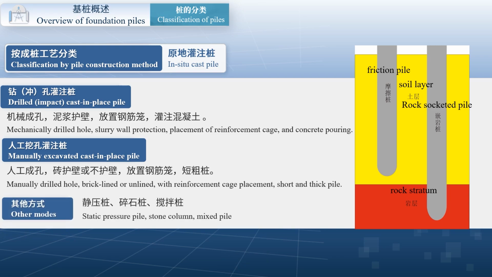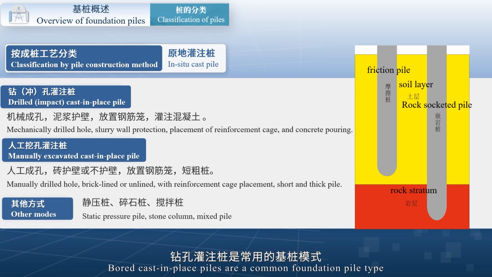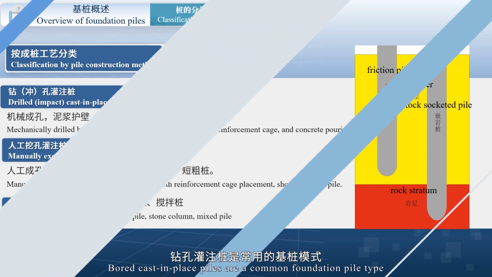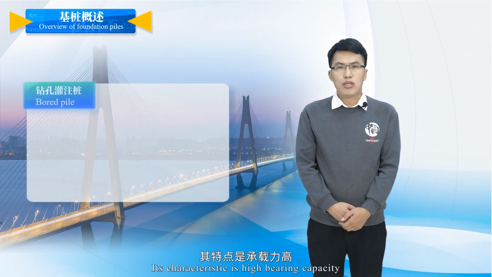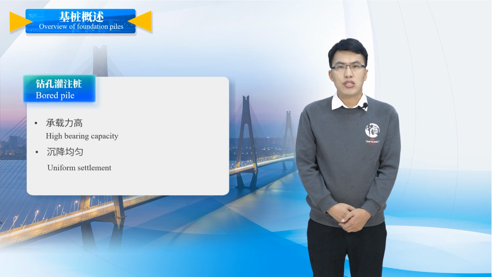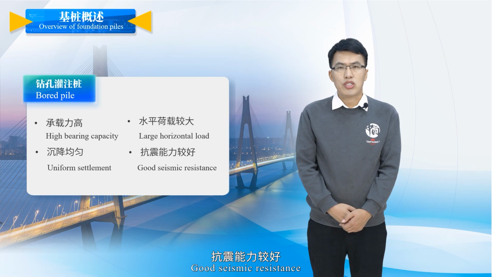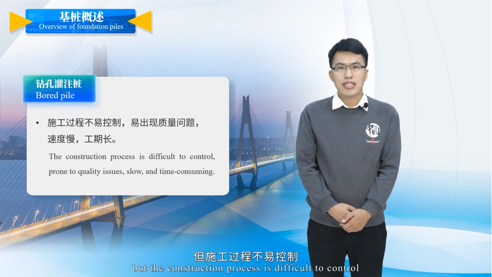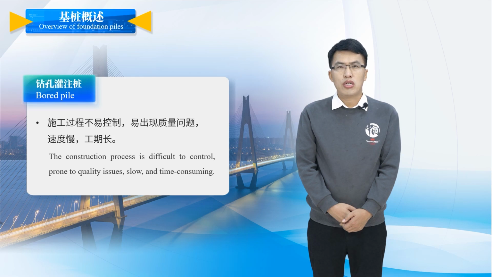Other modes: bored cast-in-place piles are a common foundation pile type. Their characteristics are high bearing capacity, uniform settlement, large horizontal load capacity, and good seismic resistance, but the construction process is difficult to control, slow, with a long construction period, and prone to quality issues.